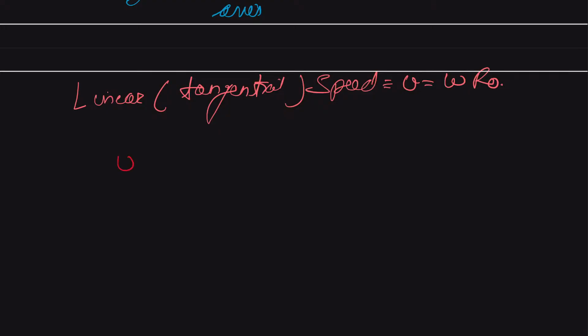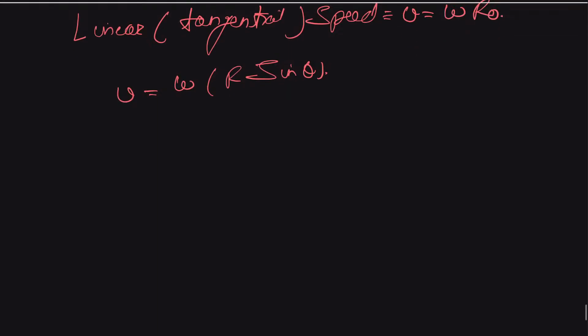Therefore we can say that our v is equal to our omega times r sine of theta. And now we are going to find out the current in the ring. This ring is going to behave like a circular loop.